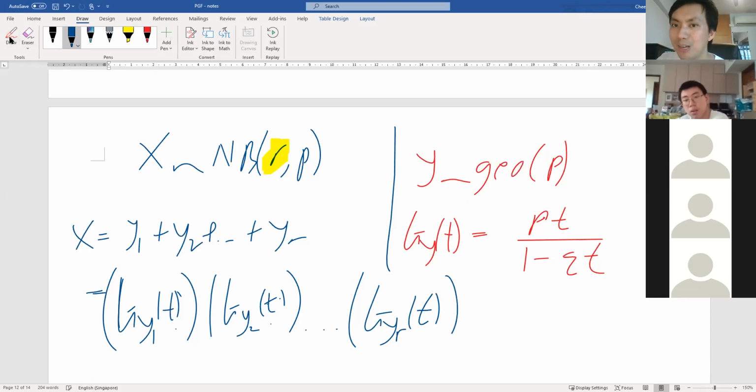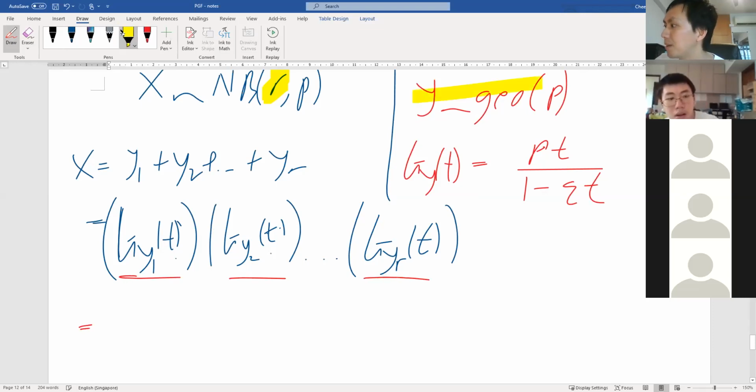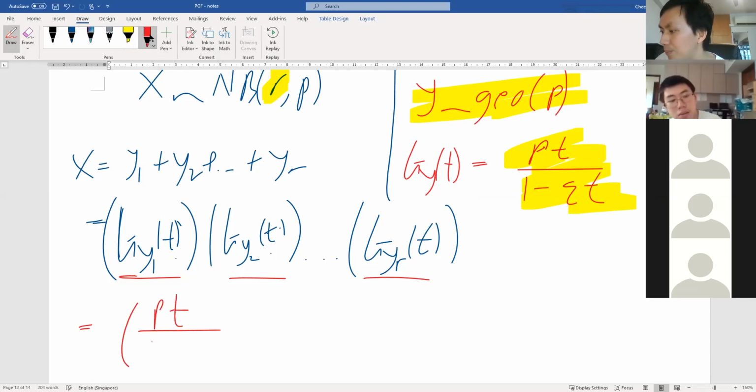The multiplication of the individual PGFs, and they all come from the same distribution, which is this guy here. So they should all have the same PGF. So it's just PT over 1 minus QT to the power of R. Okay, a negative binomial.